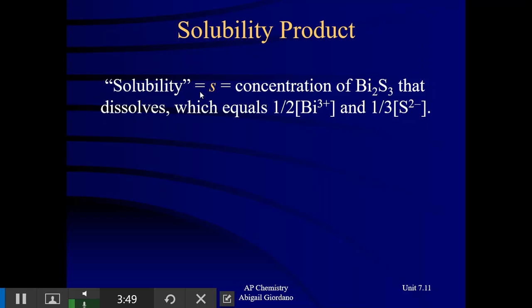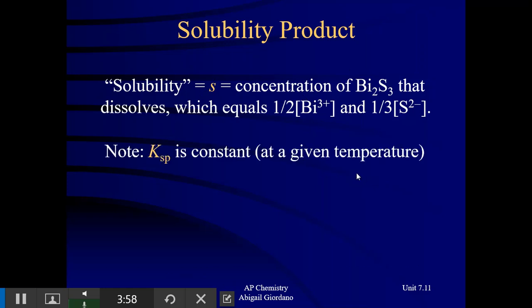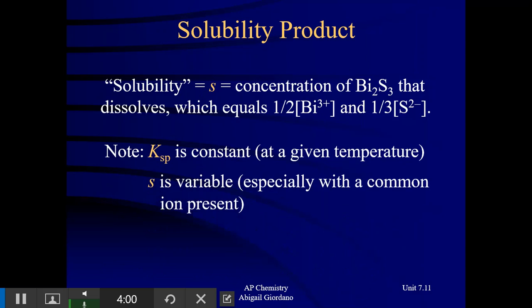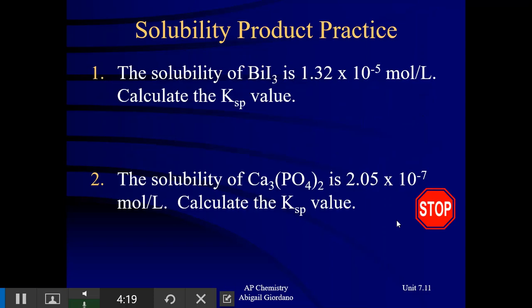So S is going to represent the solubility of the solid, which is going to have the same units as molarity, moles per liter. Of course, KSP is always going to be constant unless you change the temperature, just like any other K, but the solubility is variable, meaning it can change. And that's going to be especially true when we start talking about a concept called common ion effect. That comes in a later unit.